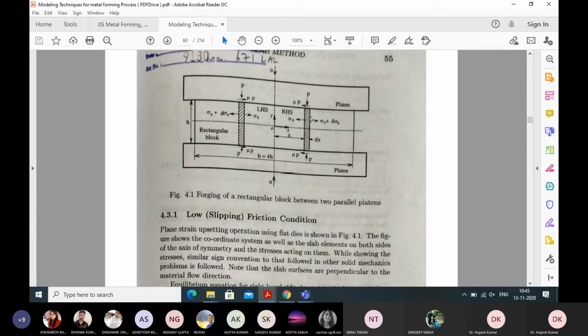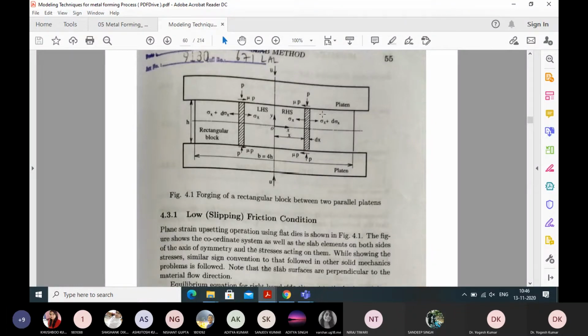So on this strip, because of the stress sigma x plus d sigma x, how much force will be generated? These stresses are working on an area which will be equal to h w, where w is the width of your rectangular block. If you calculate the area of this strip, what will be the area? Height multiplied by length of this strip, and the length of this strip will be w.